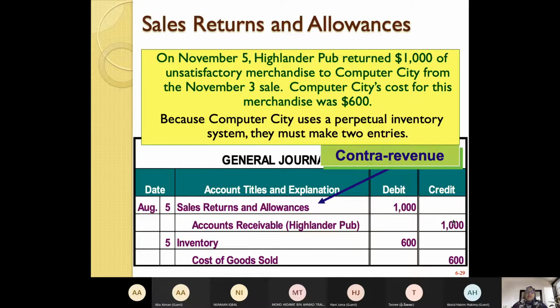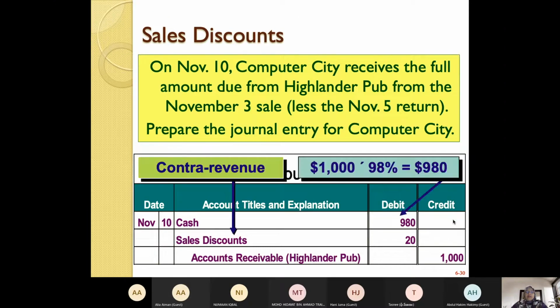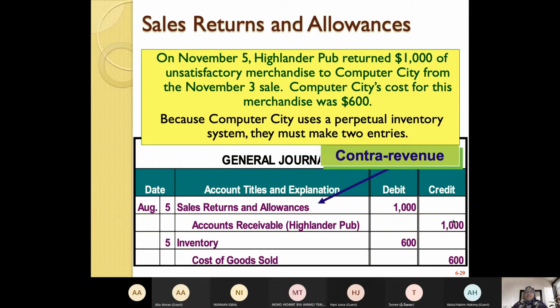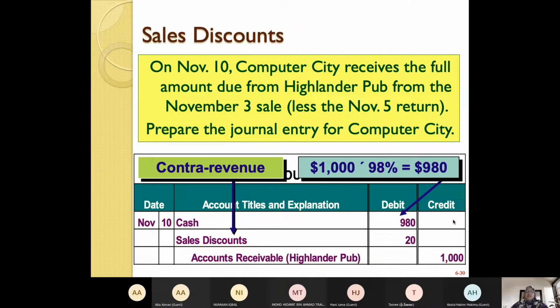Okay. All right. Similarly, when you have a sales discount, what's the difference between sales returns and allowances? Sales returns means that you return the goods, or sometimes allowances are given for the returns. But a sales discount is a discount given for the payment.